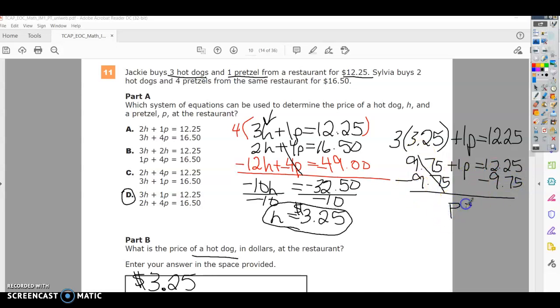So 1p equals $12.25 minus $9.75, which is $2.50. If the question said, what is the price of pretzels? You would put $2.50. In this case, it asked for hot dogs. So number 11, Part B, is $3.25.